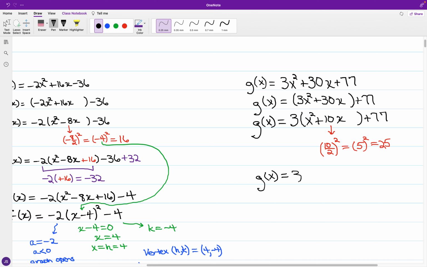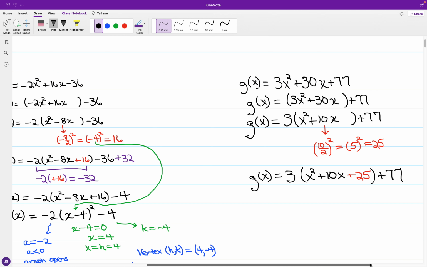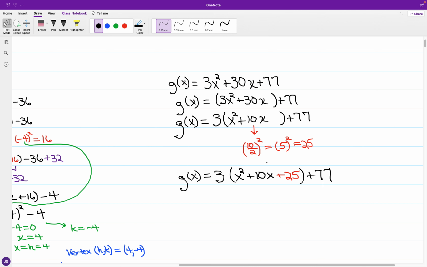And so, looking at the formation of the squared trinomial, we've got 3 times the quantity of x squared plus 10x plus 25. Again, we have plus 77. Now for the activity, I have added 25 inside the parentheses.